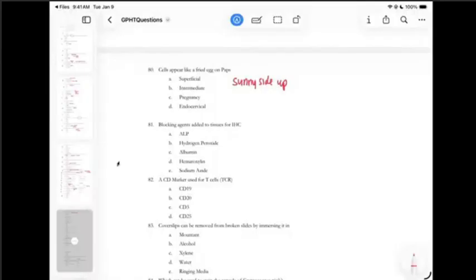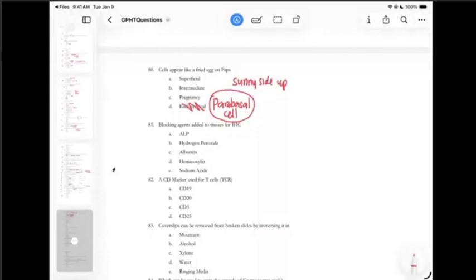And it's an immature cell of the paps. So this is your parabasal cells. So this is your parabasal, yung ating parabasal cell. Okay, so if they appear as fried egg, you have the parabasal cells.